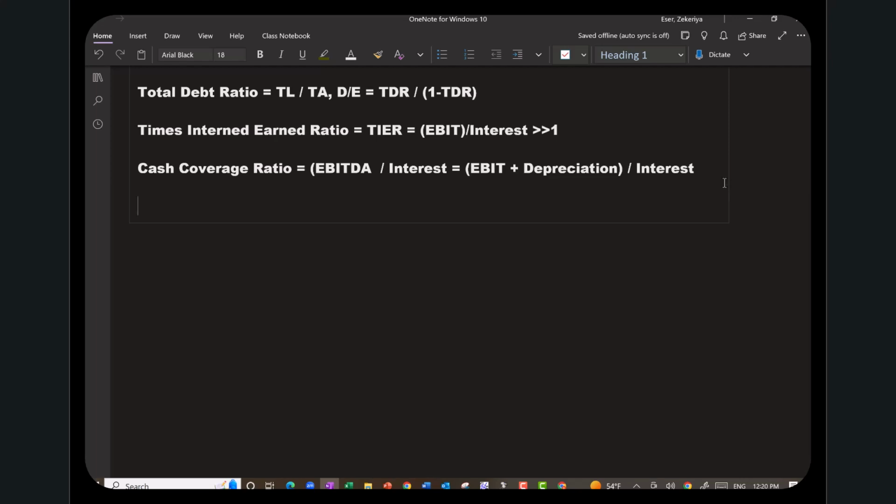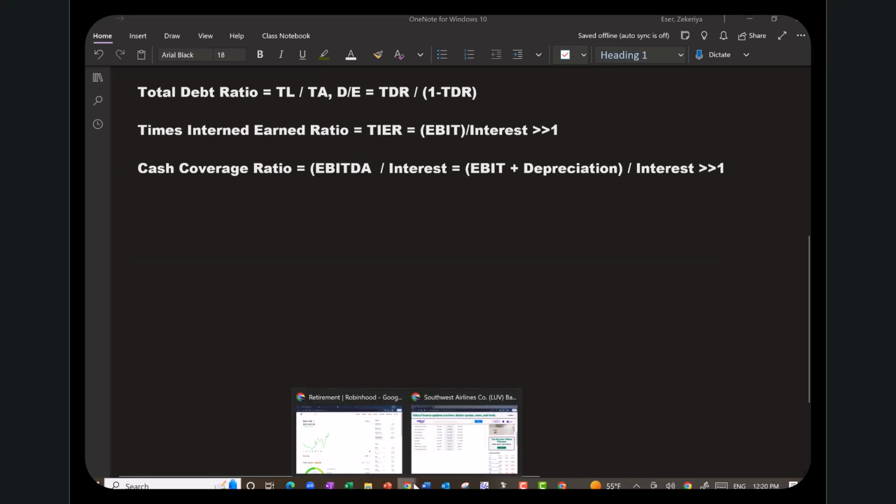You will never pay cash for depreciation. Again, you want this number also significantly greater than 1. Again, people also look at industry averages, because certain industries create more EBITDA compared to the others. So always make comparisons with the industry.